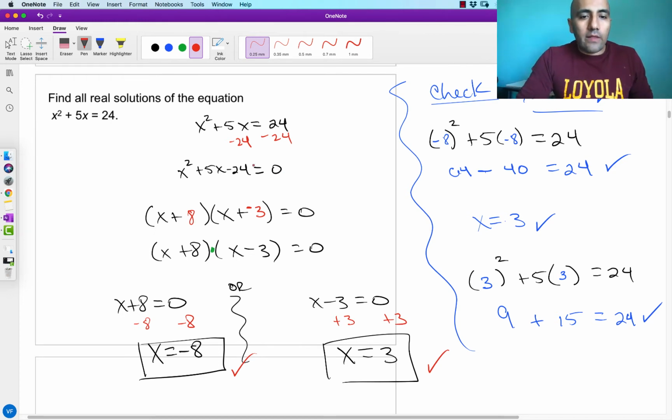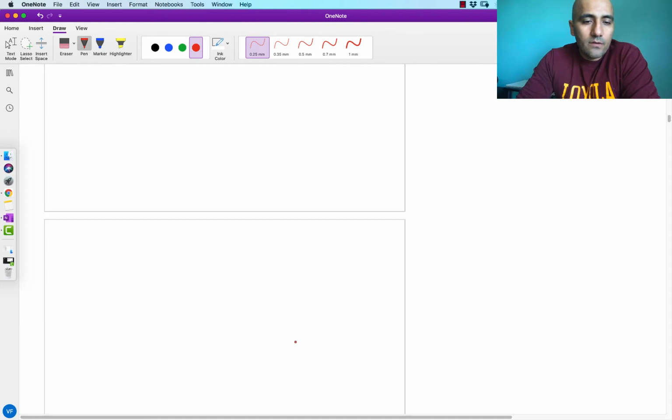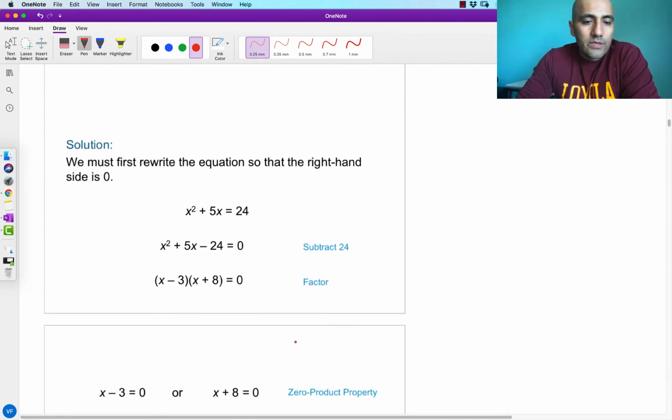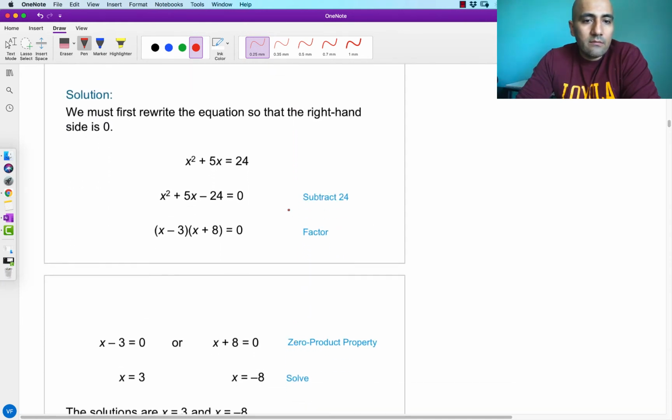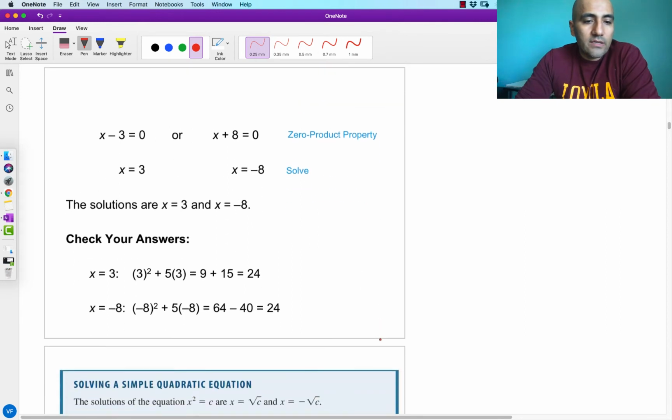And then our goal is to rewrite the other side as a multiplication so that we can use the zero product property and separate it into easier portions. All right, so moving on. Here's what the author did. Same thing. Moved the 24 over, factored it just like we did, equals 0, breaks it down in two pieces. Checked it. Awesome.